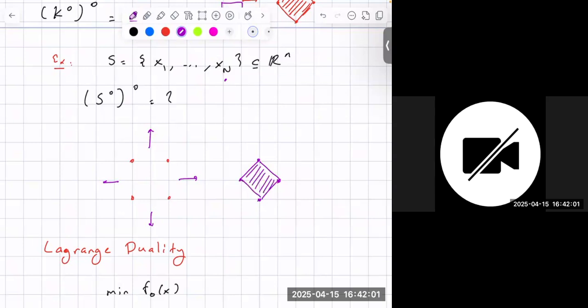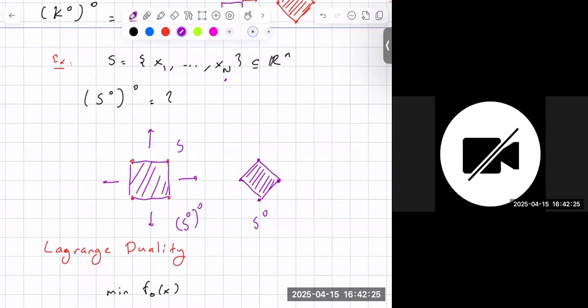Even when you start off without convexity, it turns out this works. These 4 dots are my set S. S perp is this convex shape. When you do one more dual, S dual dual, you end up taking the convex hull of the initial shape. So duality convexifies stuff, it turns out.